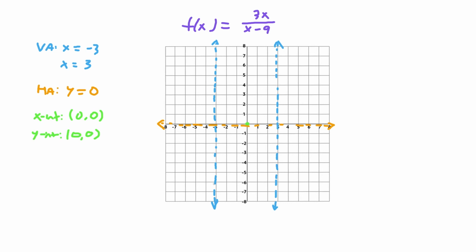So on this vertical asymptote, I'm just going to take negative 4 from the left side and negative 2 from the right side. We'll write that out, of course leaving the y spot blank for the time being. Now for this vertical asymptote, I'm going to do the same thing. I'm going to take 2 from the left side and 4 from the right side.